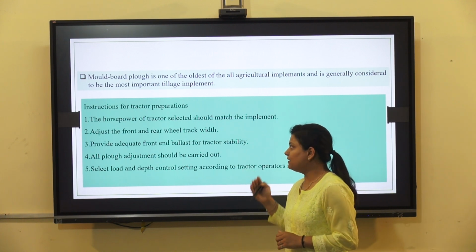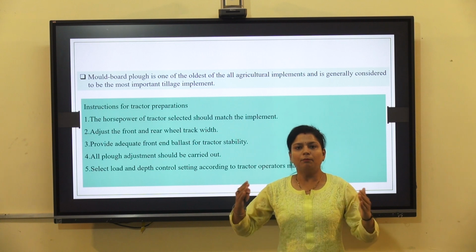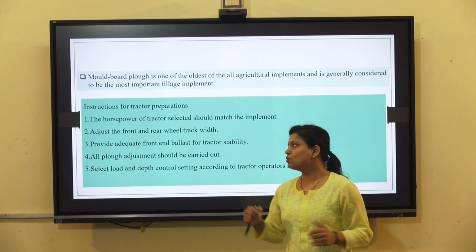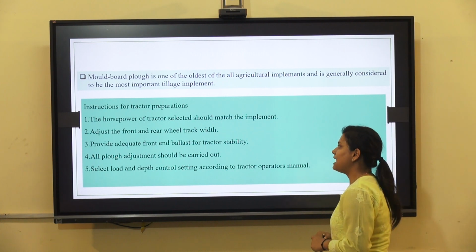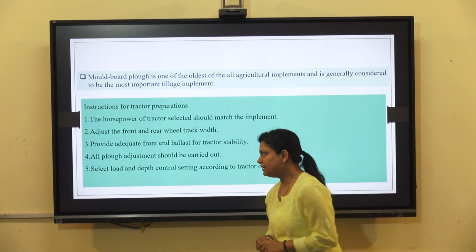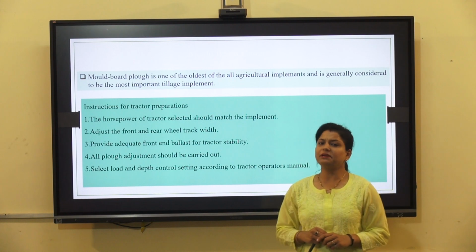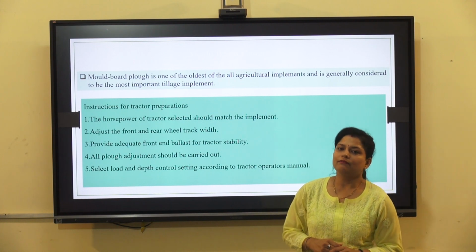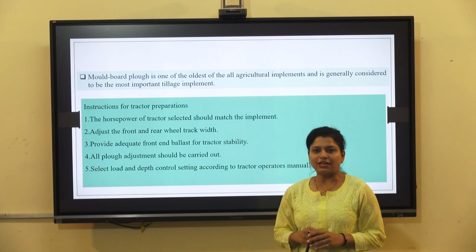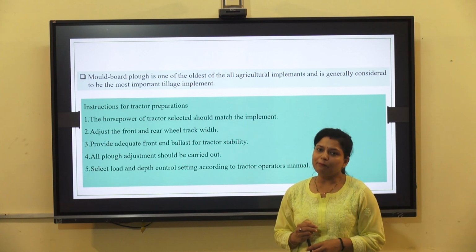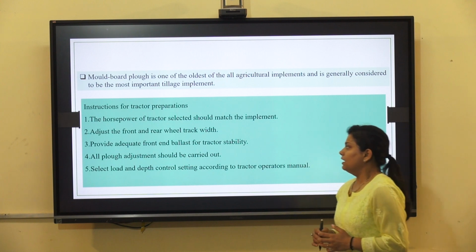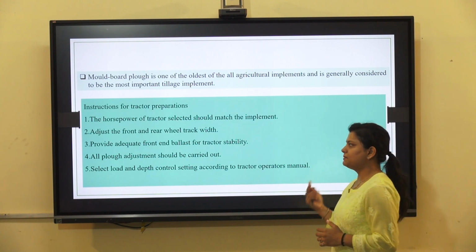Same as wheel track, the distance between both the rear wheels is known as wheel track. Provide adequate front ballast for tractor stability. Tractor stability is very important, and when we need traction, it is very important that we ballast our front end for better stability.